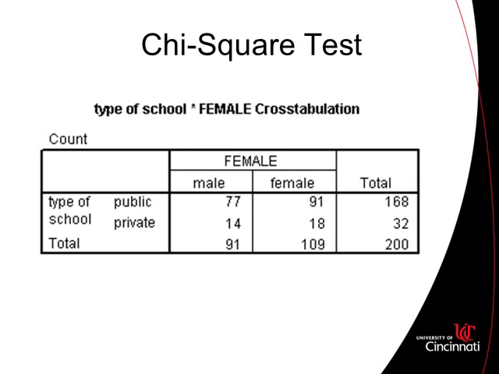When we look at this, none of our cells, our 77, our 91, our 14, our 18, those are our actuals, but none of those are small enough numbers that we would be expecting less than 5 in one of them, or anything would be 1. So we're able to run a chi-square, and we don't have to worry about switching to the Fisher exact test because our numbers are big enough.